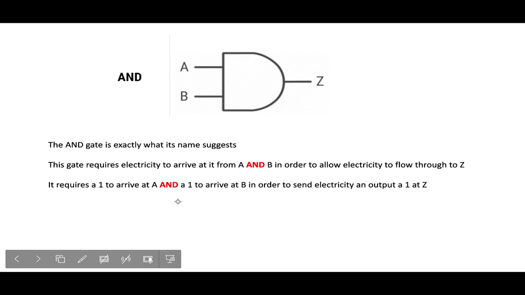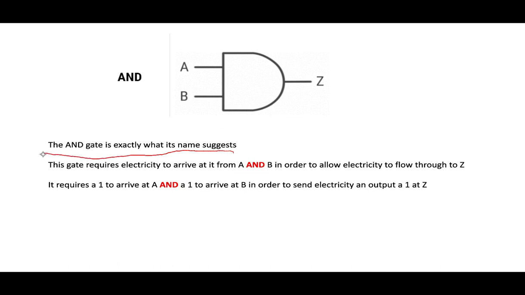Your AND gate is exactly what the name suggests. It's what I've written just there. It requires electricity to arrive at point A and point B in order for electricity to flow through this gate. Okay? So if a 1 arrives there and a 1 arrives there, a 1 will actually flow out of this gate. There are no other circumstances in which a number 1 will flow out the other end.